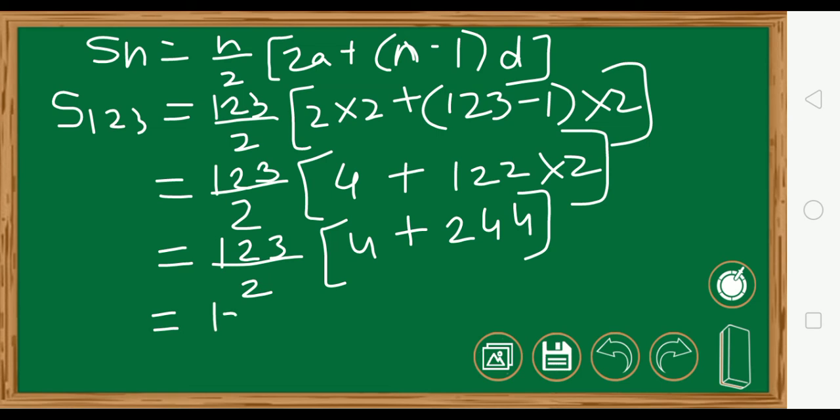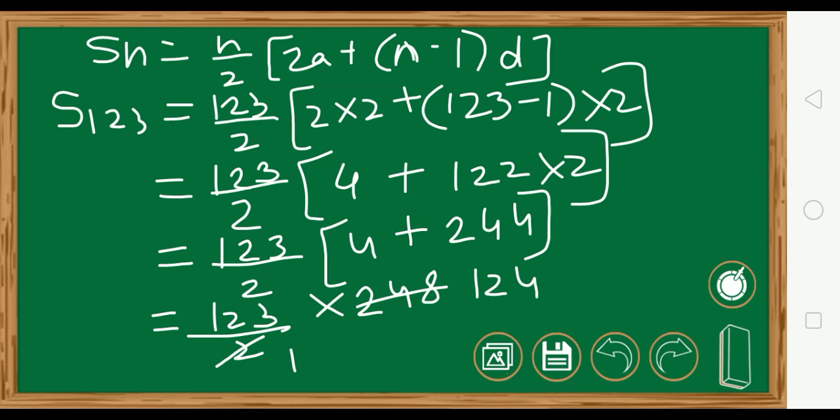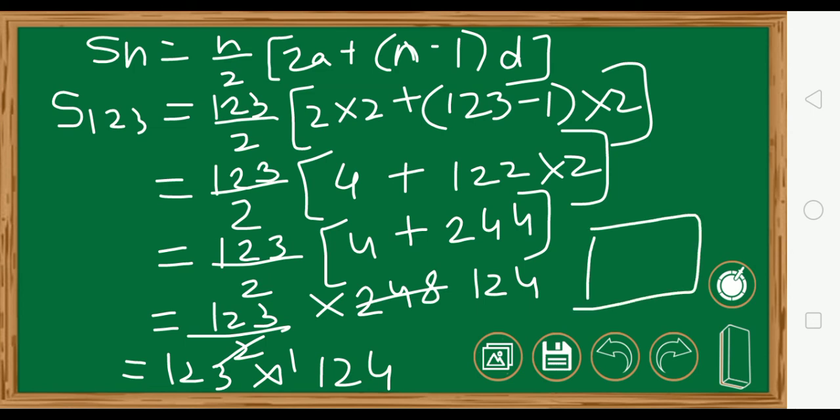So that is equal to 123 upon 2 multiplied by 248. Now this will get cut. 2 ones are 2 and 124. So your answer is going to be 123 multiplied by 124. So you have to find this answer.